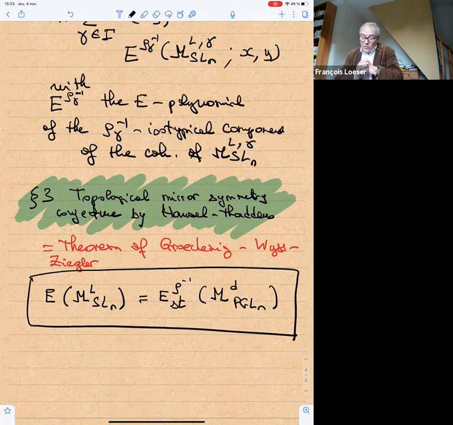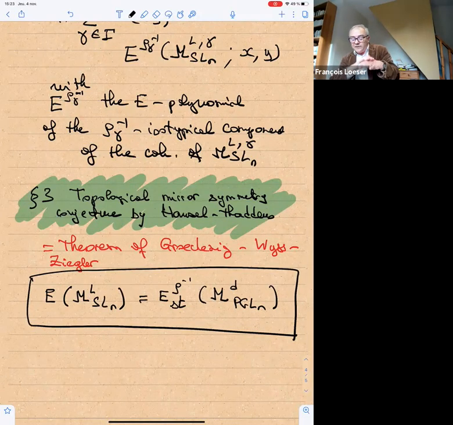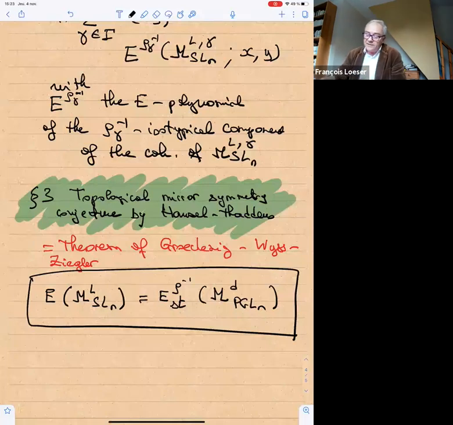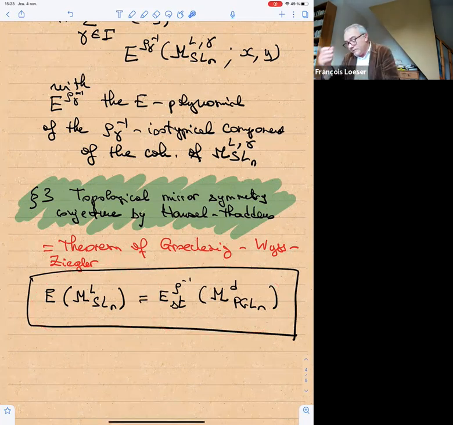Okay, so in mirror symmetry, you relate Hodge numbers of dual objects. So it is what we have here. We have on one side the Hodge numbers of M SL N, and on the other side some kind of Hodge numbers for the other guy.